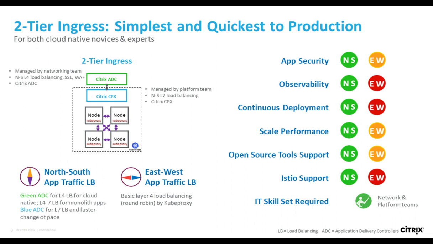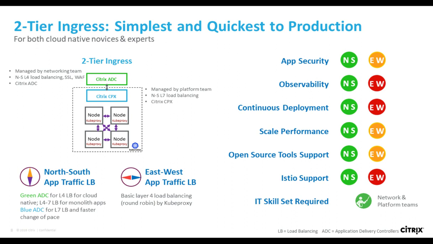Let's look at the 7 criteria which we derive from multiple stakeholders' requirements. First is application security. Green means good, yellow means somewhat okay, red means it is a challenge.